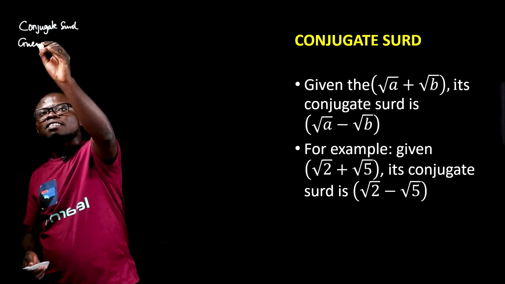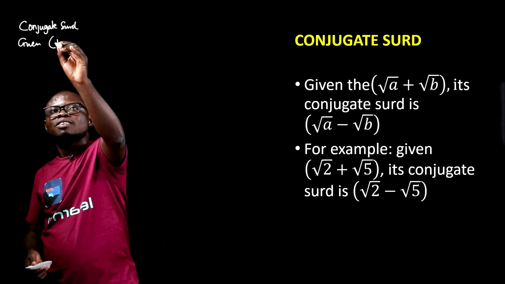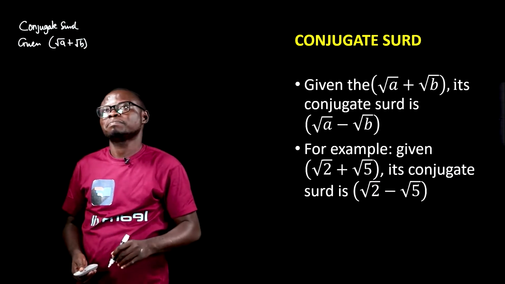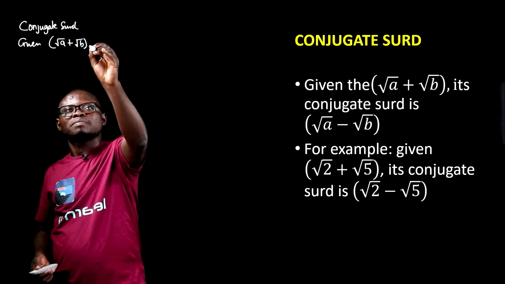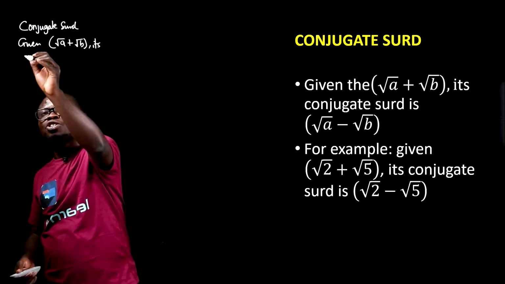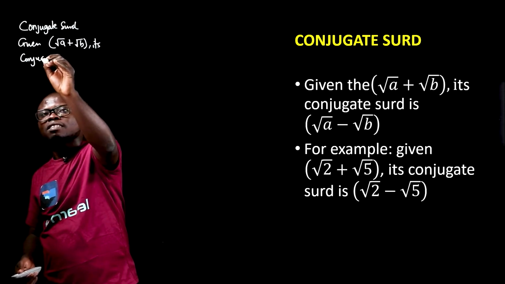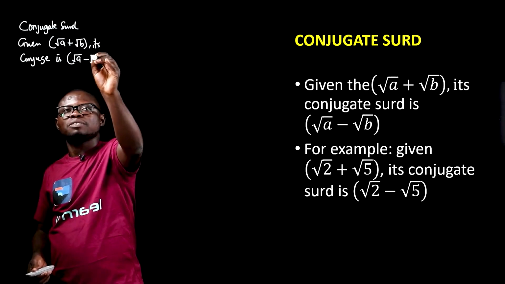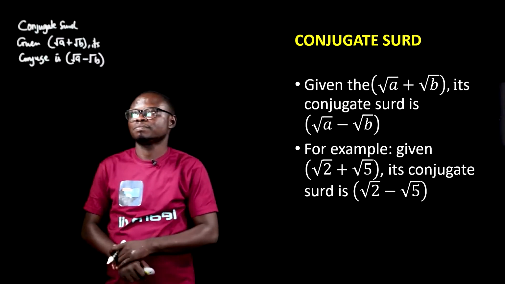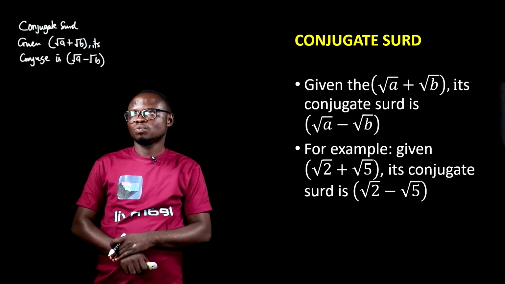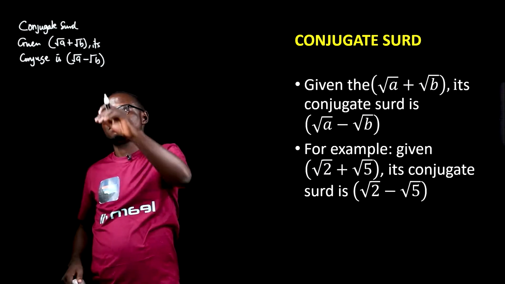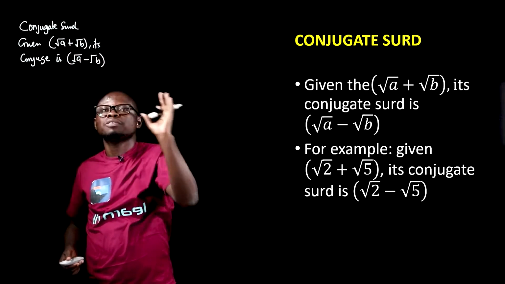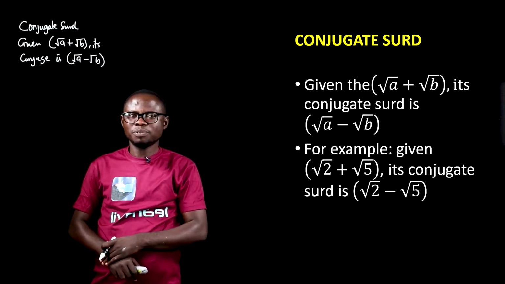Given root A plus root B, its conjugate is root A minus root B. What do you notice? Root A plus root B has just become root A minus root B. Isn't that simple?